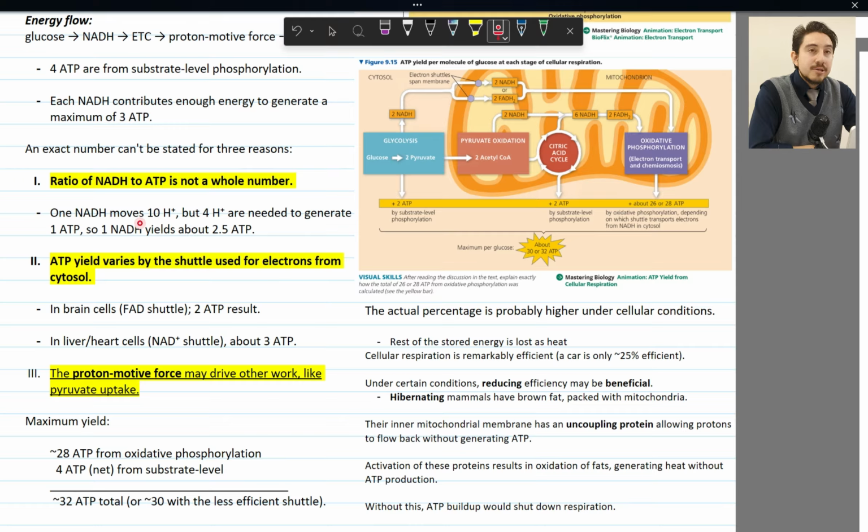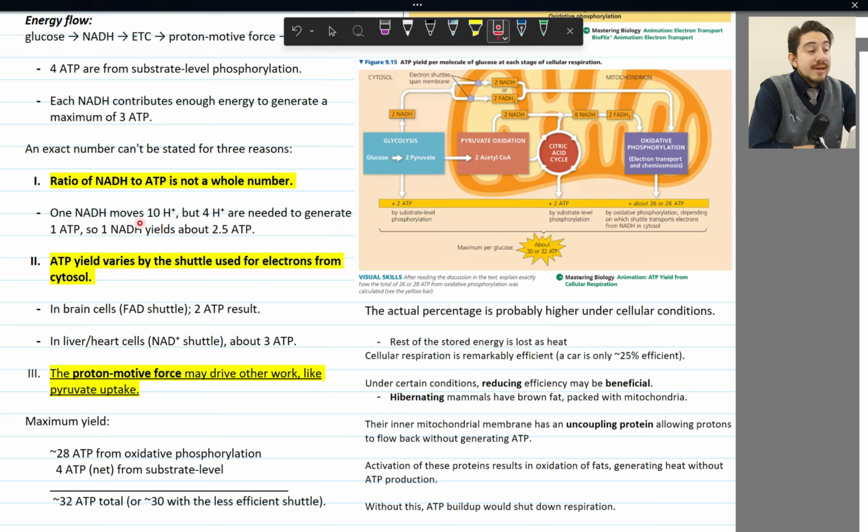One NADH technically can pump out 10 hydrogen plus ions, but studies have shown that you need 4 hydrogen plus ions to generate 1 ATP. So 4 hydrogens, that's 1 ATP, another 4, that's 2 ATPs, and then you have 2 hydrogens left, so you're going to have 2.5 ATPs. Okay, so it isn't a fixed number. You have some variation there.